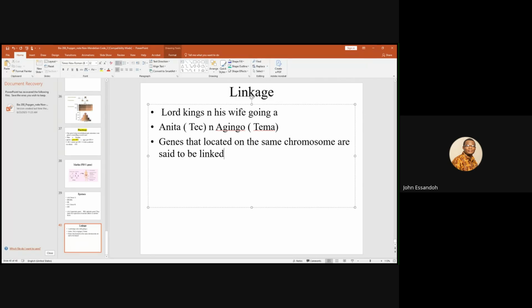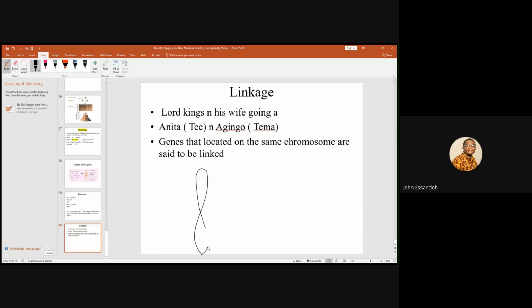Now with this linkage, when genes are located on a particular chromosome, let me go and do the drawing, because if I draw it, you understand it better. Let's say I have a chromosome like this.